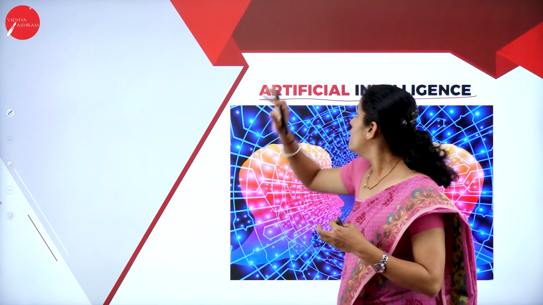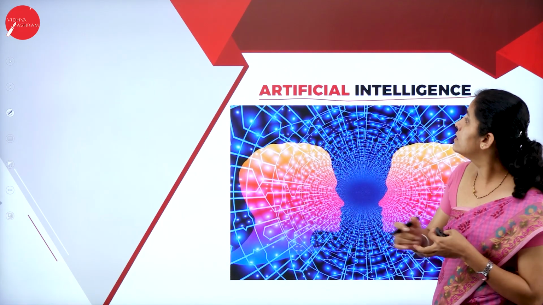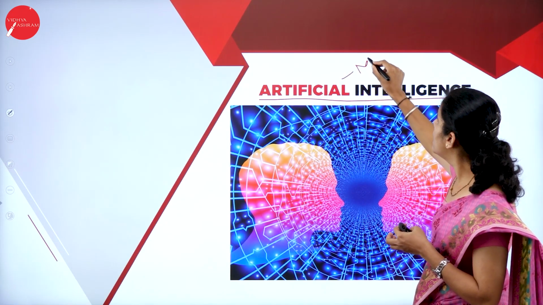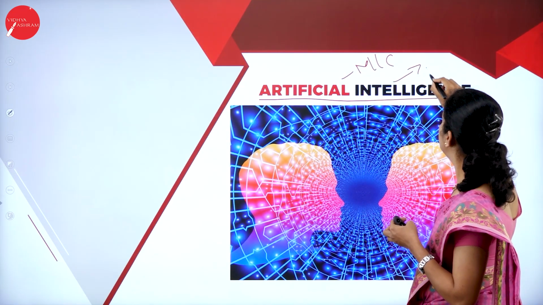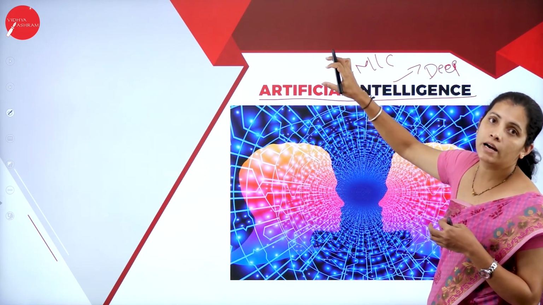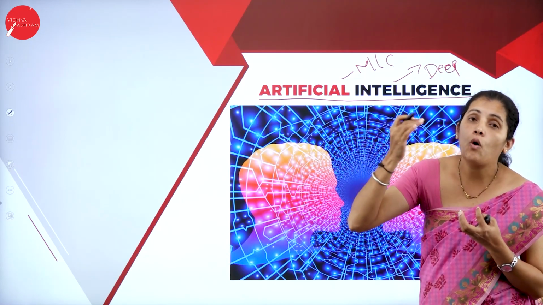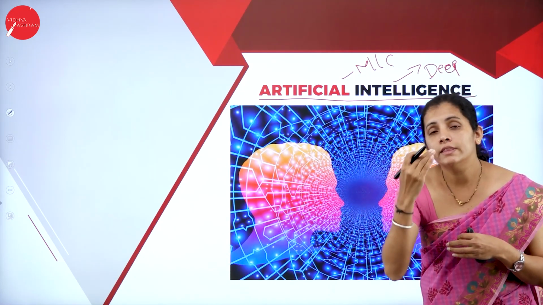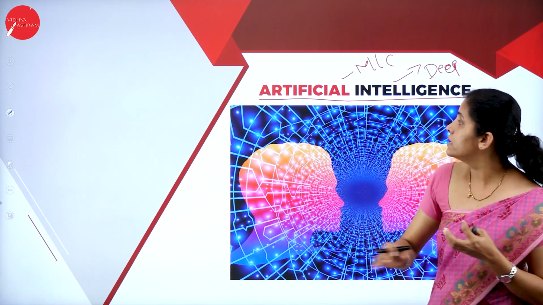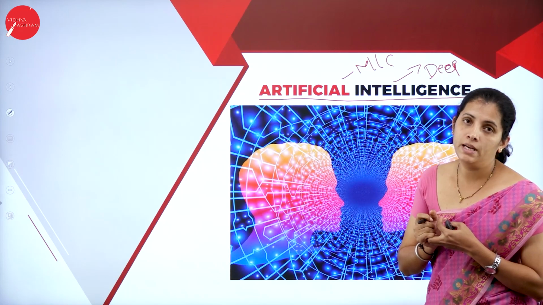So in artificial intelligence, we have branches like machine learning and deep learning. When I say artificial intelligence, it includes all the calculations, pattern matching, everything in the field of machine learning and deep learning.